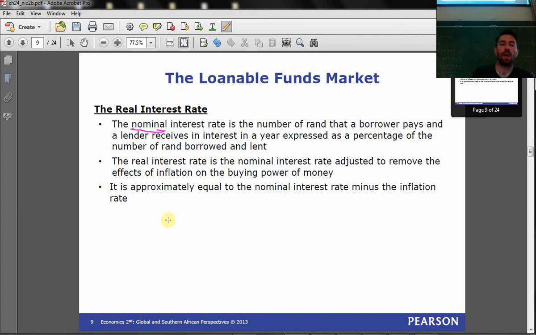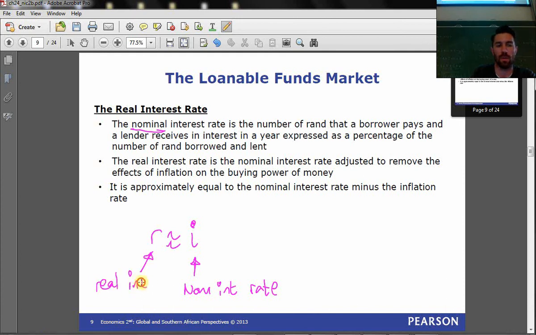What happens with the real interest rate is the same. We can write the real interest rate is approximately the nominal interest rate, which I'm using I for, so this is the nominal interest rate. R over here means the real interest rate.